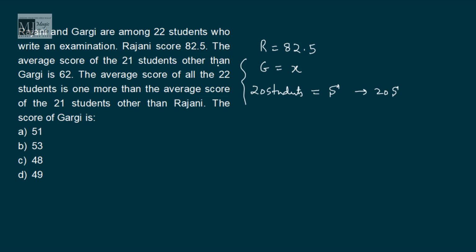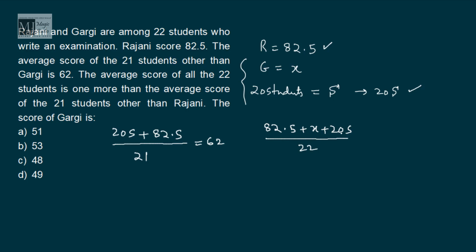The average score of 21 students other than Gargi is 62. That means (20S plus 82.5) by 21 is equal to 62. Done. The average score of all 22 would be (82.5 plus X plus 20S) divided by 22.